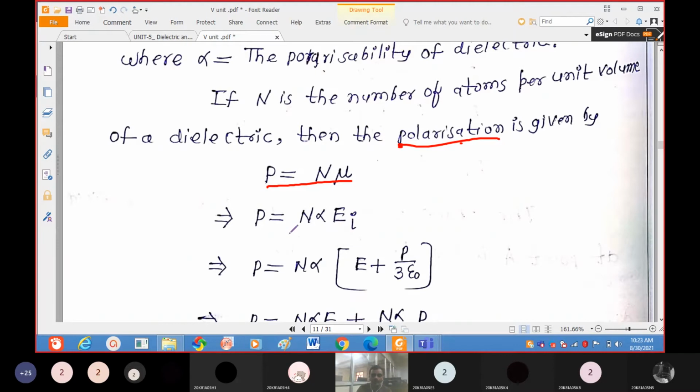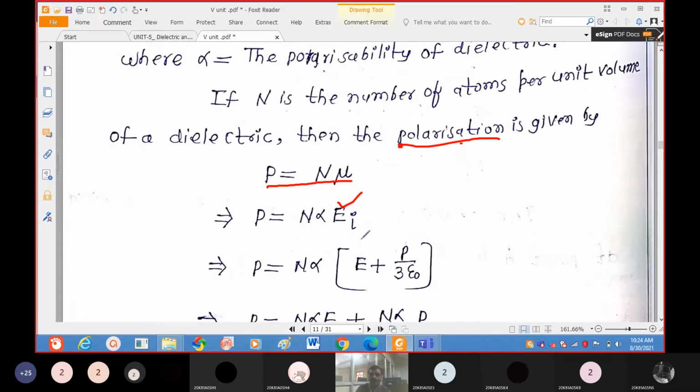Now coming to P equals N into mu, where mu equals alpha Ei. Ei is the induced electric field, or local field, which we already calculated at a point A. The relation is Ei equals E plus P by 3 epsilon naught.